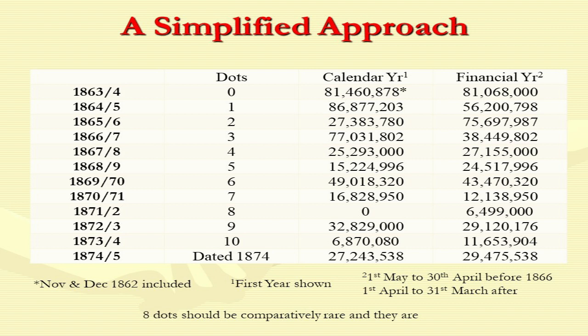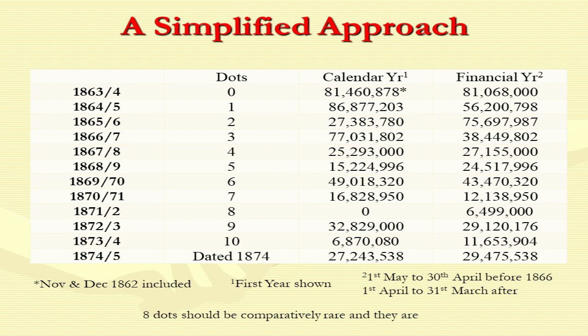Oh, that's fine. And guess what? 8 dots should be quite rare. And they are quite rare. So it seems to me they were probably dating them from the financial year, and they were doing it like this. And all those other complications are totally unnecessary.